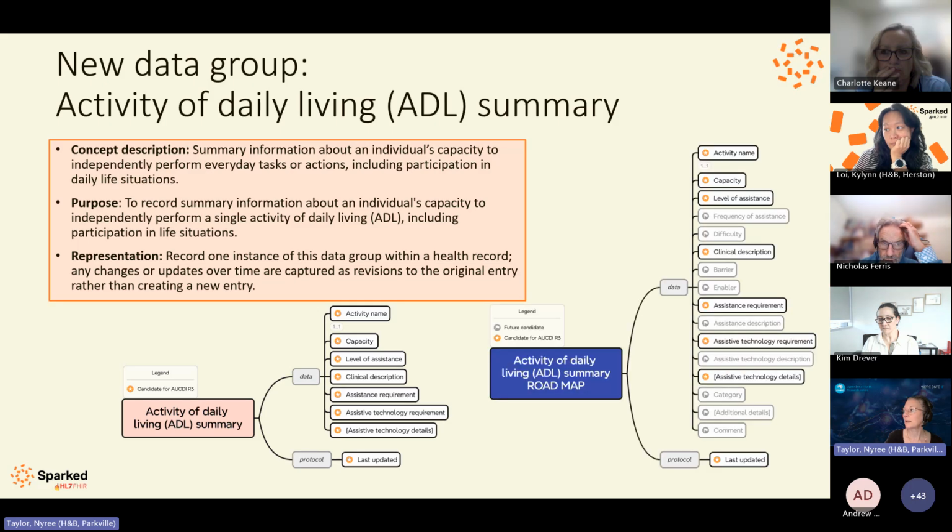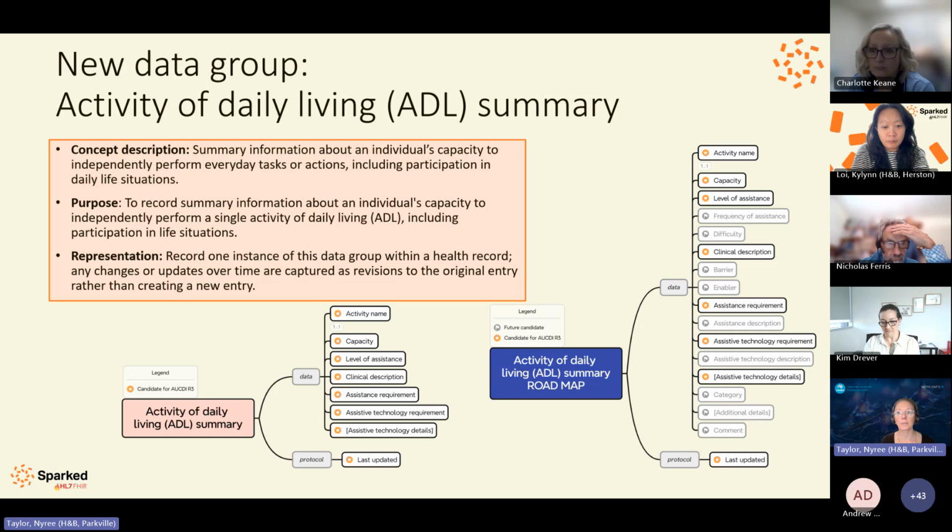You can see we've got a roadmap here, the activities of daily living summary roadmap, with other data elements that have the white flag with the grey circle, and little grey text on the right-hand side. So we've got frequency of assistance, difficulty, barrier and enablers, any assistance description, assistance technology description, category, additional details and comment. So we've got some scope to broaden out this data group if we need to.